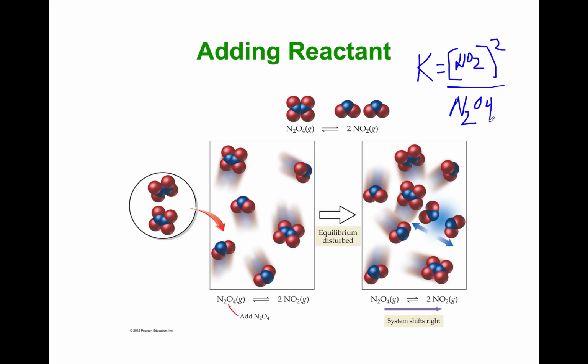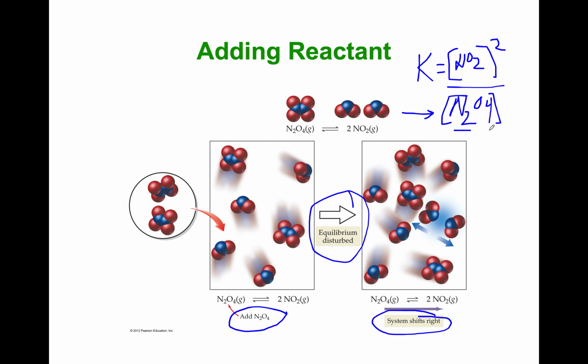So we have a system at equilibrium, and then we add something to it. Take a look, see where we're adding. We're adding in the denominator. So equilibrium is disturbed. What happens? If we add more reactant, more on the denominator, now this number gets smaller than the K. But the K is what governs the reaction, so the equilibrium shifts to the right.